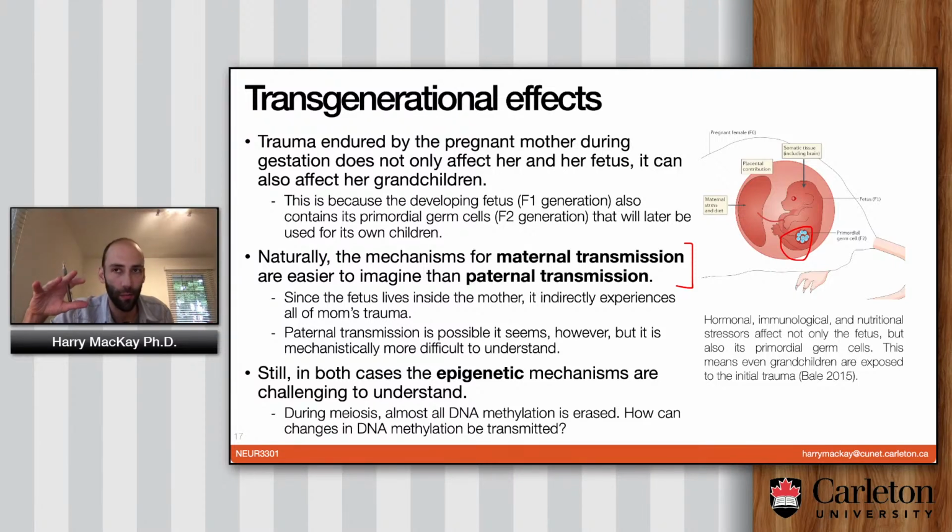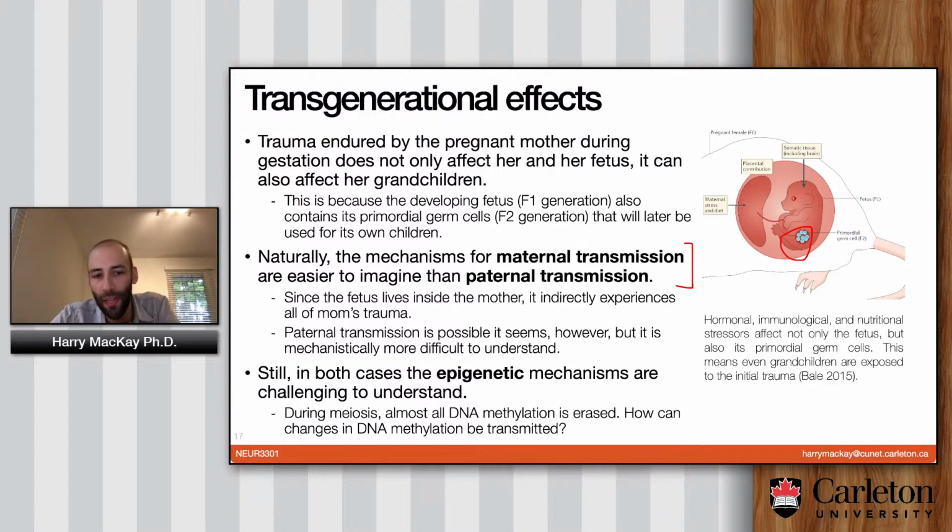It would have to be somehow packaged into the sperm and carried into mom, and you know how that whole thing works. It seems possible, but it's mechanistically a great deal tougher to understand, because the dad needs to be there basically for about 2 seconds, and that's all that's really required to lead to conception and pregnancy.